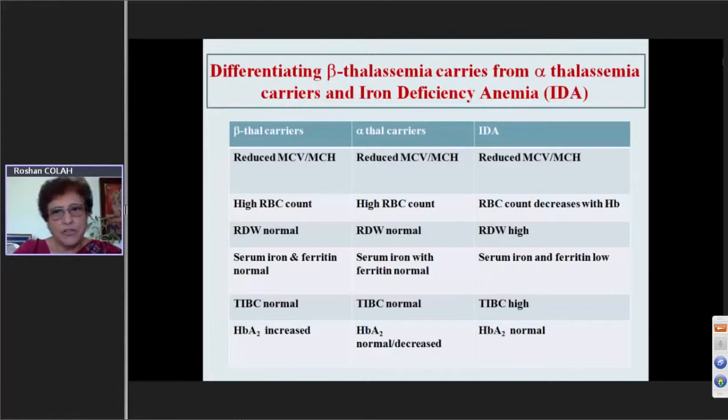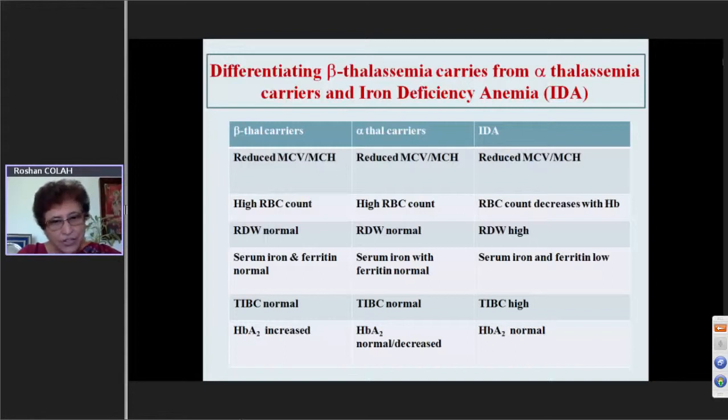One has to differentiate beta thalassemia carriers from iron deficiency and alpha thalassemia, and here you can see I've tabulated what you have to look at. All three of them have reduced MCV and MCH values, but the thalassemias, both beta and alpha, will have a high RBC count, while in iron deficiency, along with the hemoglobin, the RBC count will also go down. Again, the RDW is normal in the alpha and beta thalassemia carriers, but it will be high in iron deficiency anemia.